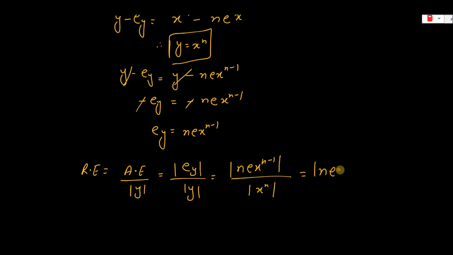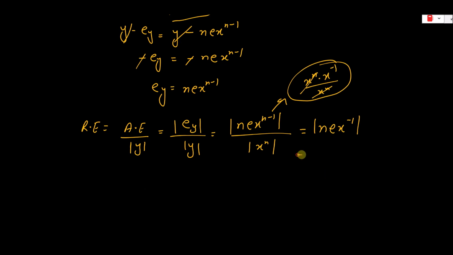The remaining is x raised to the power minus 1, because here we have x^n times x^(negative n), and in the denominator we have x^n, which should be cancelled out with this one. We are left with this. Okay, so we are going to simplify it just like this: n e, and we are shifting this negative power to a positive power by moving it into the denominator. So n, and here we have e by x.